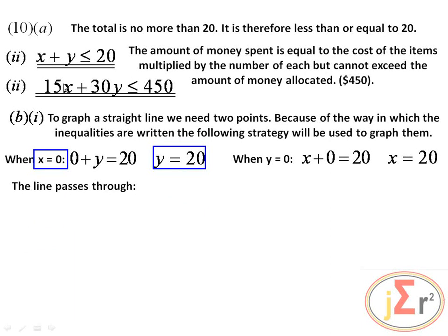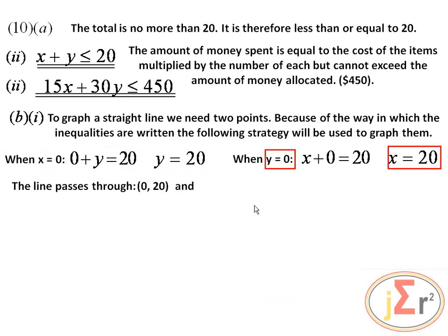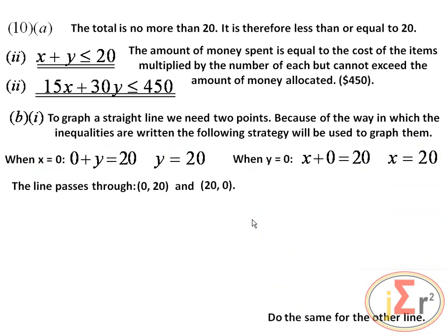Now we have a slightly greater degree of difficulty, with the coefficient of x not equal to 1 and the coefficient of y not equal to 1. The first line passes through 0 for the x and 20 for the y, and 20 for the x and 0 for the y.